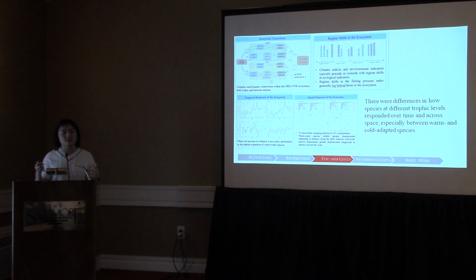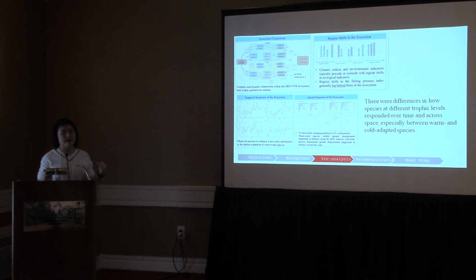We also evaluate the temporal and spatial responses of different ecosystem indicators, and we found something interesting. So lots of researchers found that temperature is kind of the key stressor that regulating the northeast continental shelf. So we also examined the trend of the community temperature index, which is an index that can represent the overall community temperature preference.